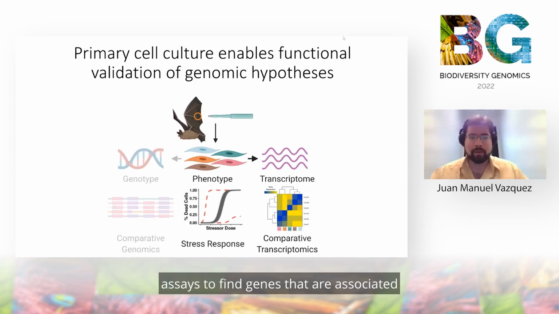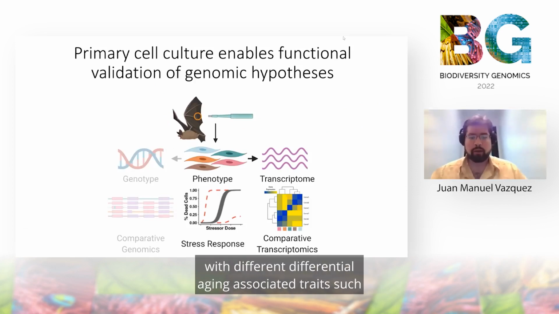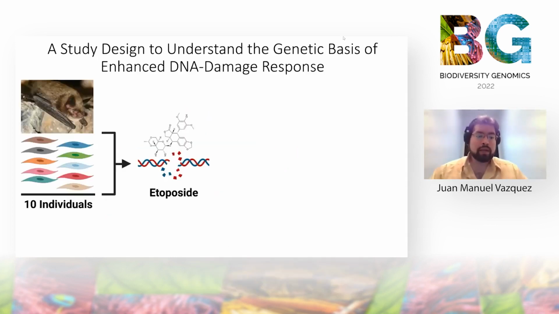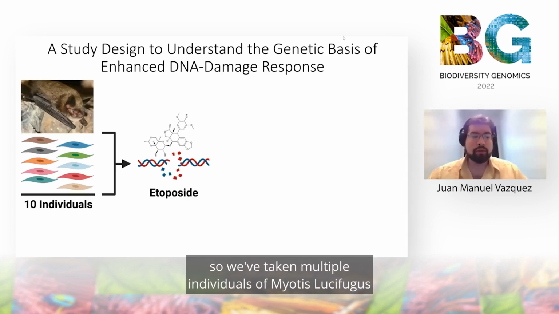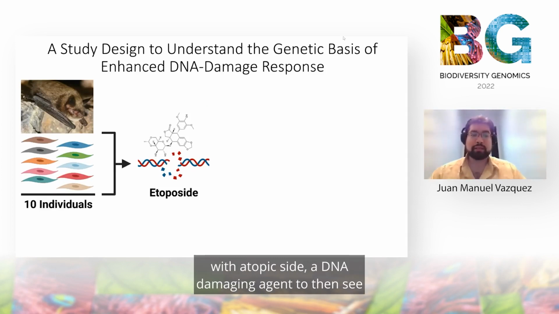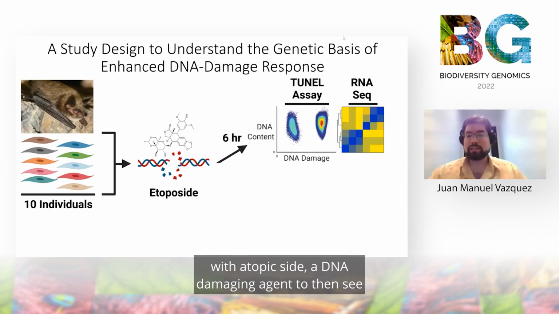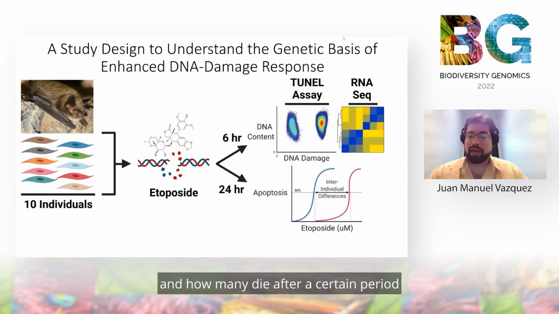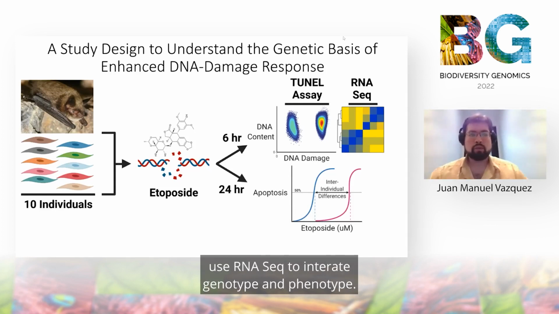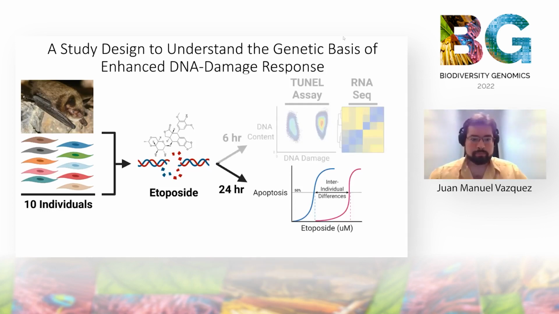Using these, I've been able to then take the cell lines and actually start doing some stress response assays to find genes that are associated with differential aging-associated traits, such as DNA damage. And so what we've done is that we've taken multiple individuals of Myotis lucifugus and their cell lines, and we've treated them with etoposide, a DNA damaging agent, to then see what level of damage each individual has and how many die after a certain period of time, to find the LD50 of etoposide, and then use RNA-seq to interrelate genotype and phenotype.